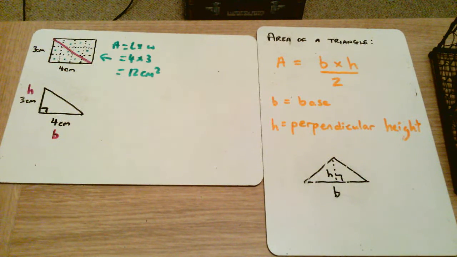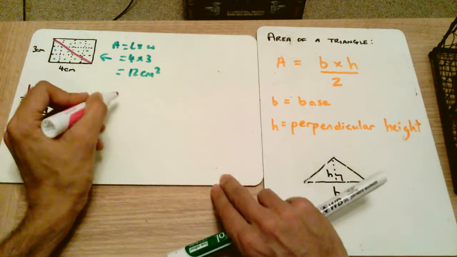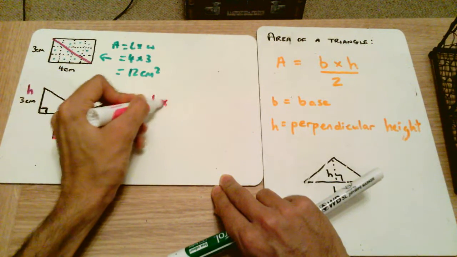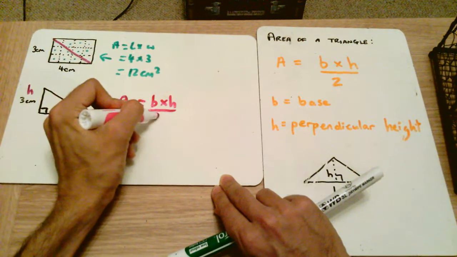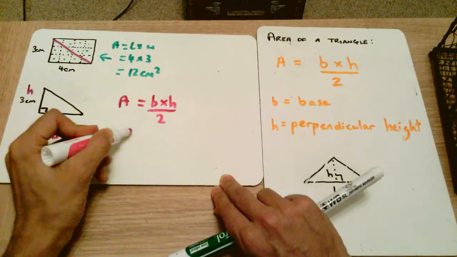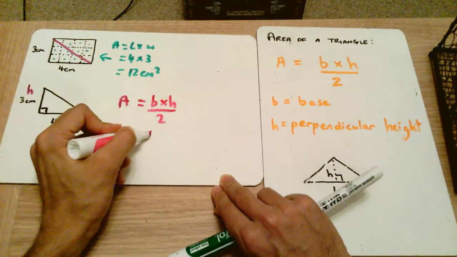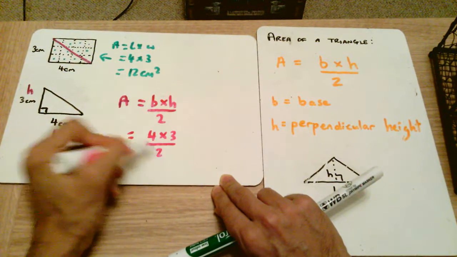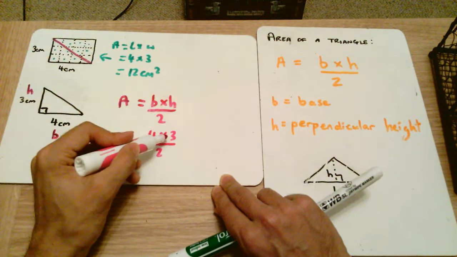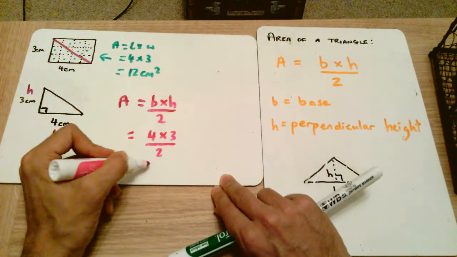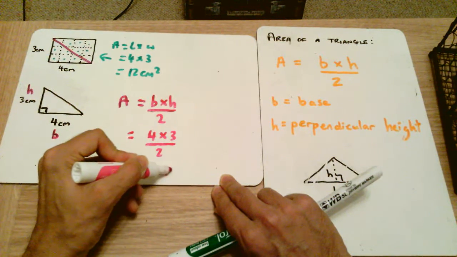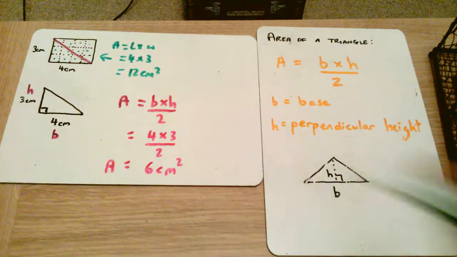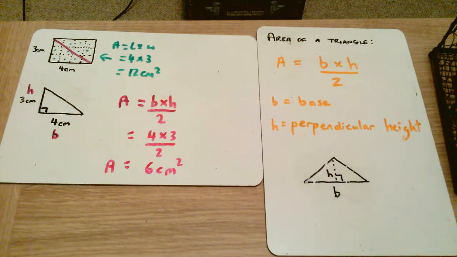So our formula is the area is equal to the base times the height, divided by 2. We get 4 for the base times the height, which is 3, divided by 2. 4 times 3 is 12, divided by 2 is 6, and again that would be centimeters squared. And that's the area for a triangle.